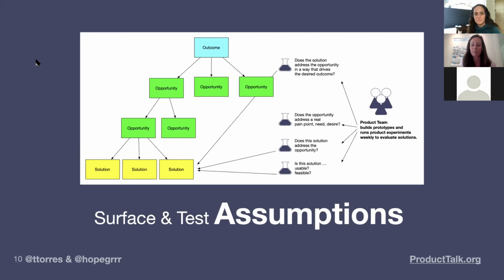It might feel awkward and strange, but once you do it, you can really break it down into: if this is not true, then it will really decrease the probability of our success in meeting our customers' needs and delivering on our desired outcome. That's why it's so important for this to be part of the team's practice.